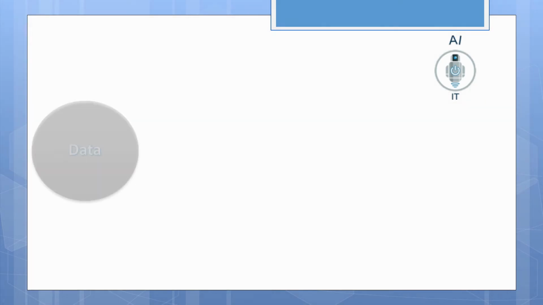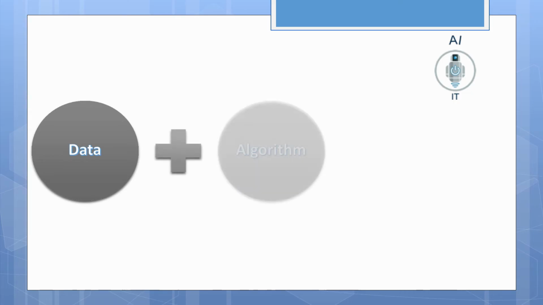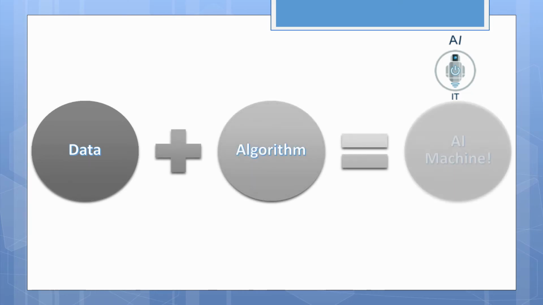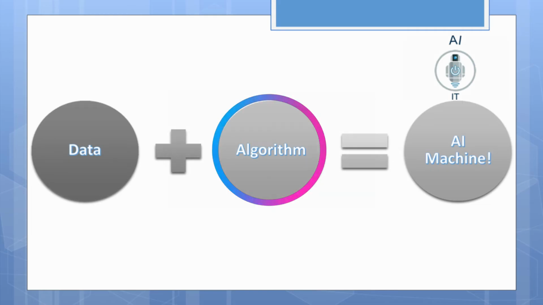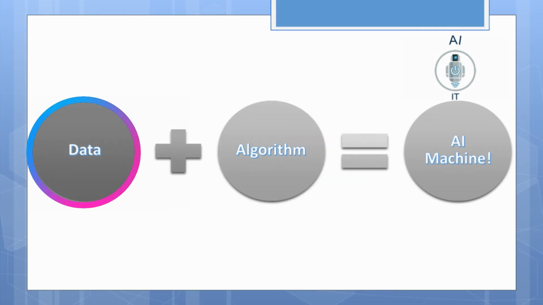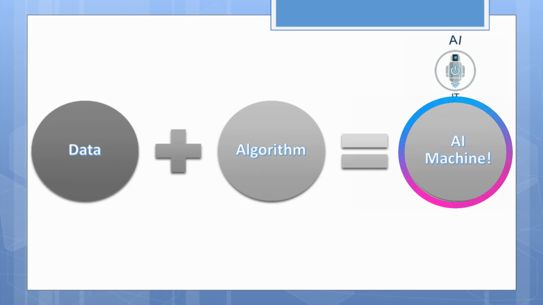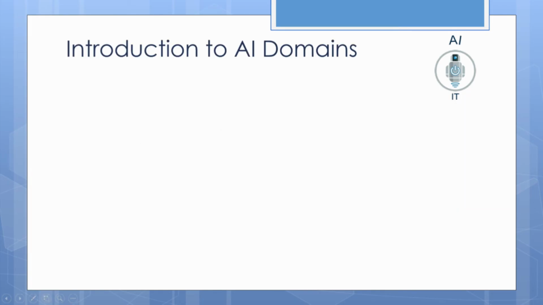We have studied in the first chapter that data is the backbone for any AI machine, and that an AI algorithm along with data help us to build an AI machine, isn't it? With respect to the type of data that we feed into the AI model, we can broadly categorize them into three domains.